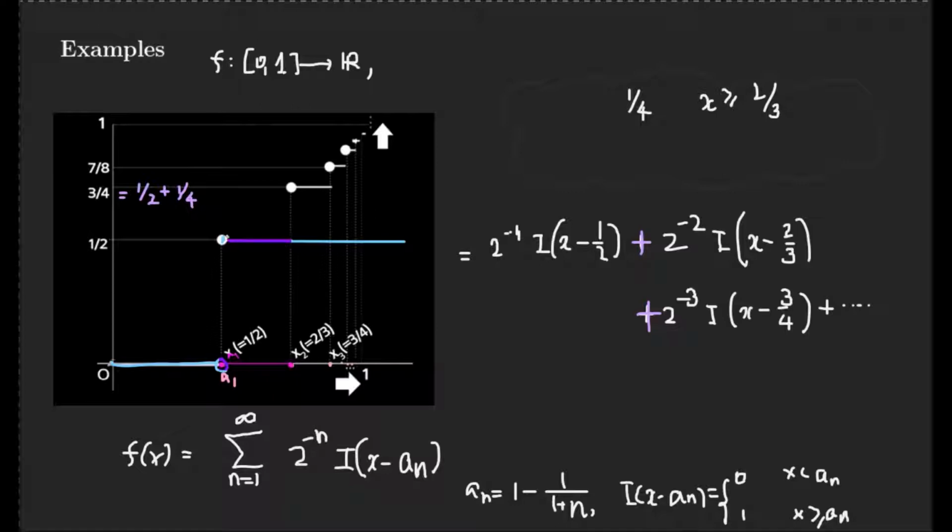So this graph is plotted. Let's see the definition of I(x minus a_n) with some deeper thinking. This is a clear result.